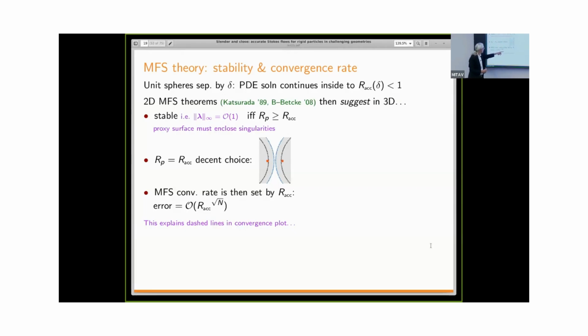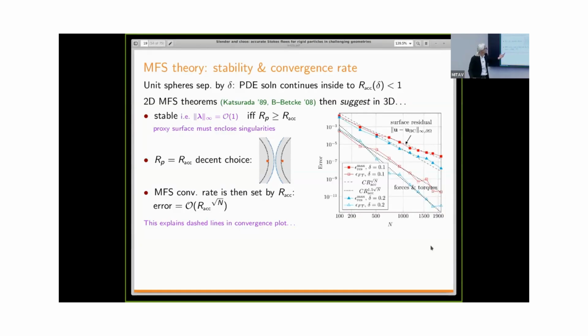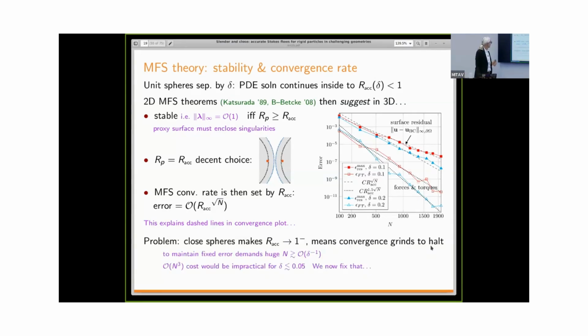They're unstable. And if you do that, the convergence rate is set by this accumulation radius. So that kind of explains these. Remember I showed you a convergence plot? It actually predicts the slopes of these root exponential convergence rates. But the problem is it gets worse and worse. As you bring the spheres closer, the singularities get closer, like the square root of that, and you are forced to use more and more degrees of freedom, and you're dead again.